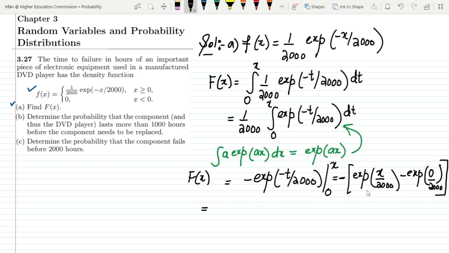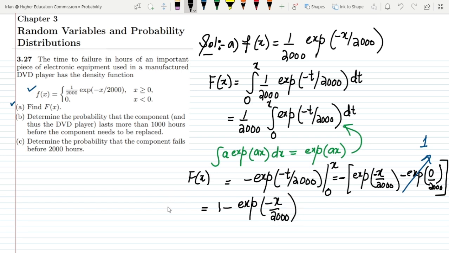Now simplifying on the basis of these ranges: exponential of 0 is 1, and for the upper limit we have minus x. The minus becomes plus 1 because the negative is multiplied with all of them, and it becomes 1 minus exponential of minus x divided by 2000.